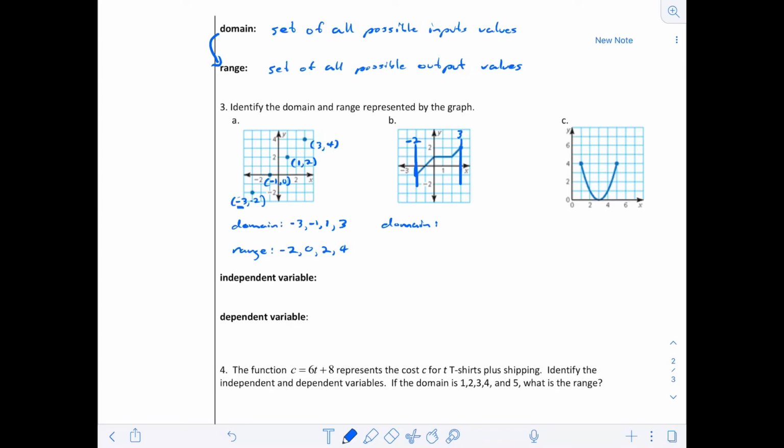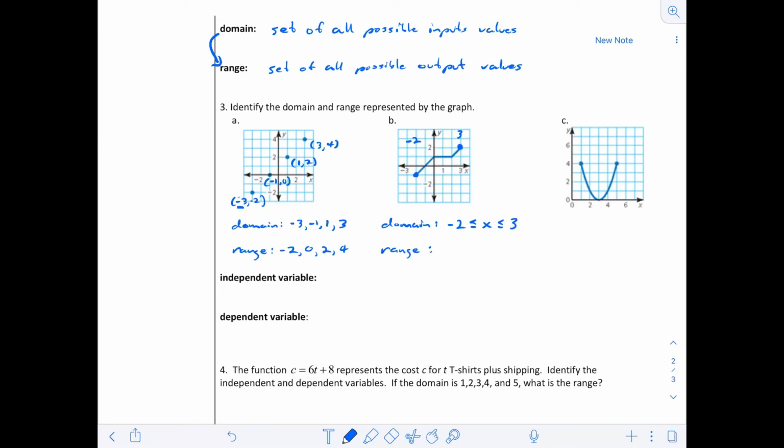The x values that are being used are -2 to 3, and let me erase those lines so you can see. We've got closed circles on the ends, which means we're including those points. So our domain is -2 less than or equal to x less than or equal to 3. In other words, it's all of the x values between -2 and 3, including -2 and 3.